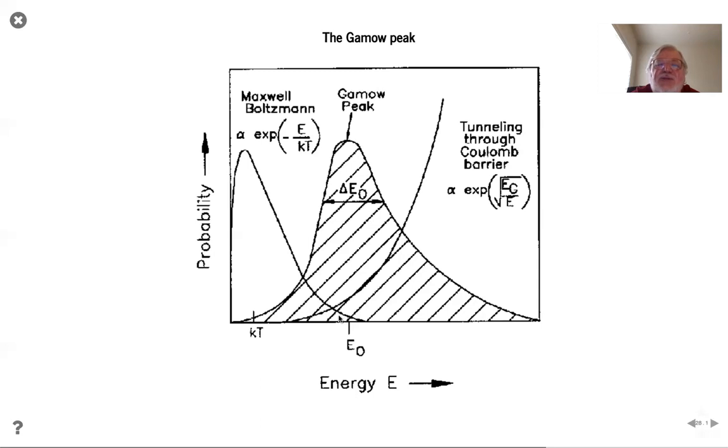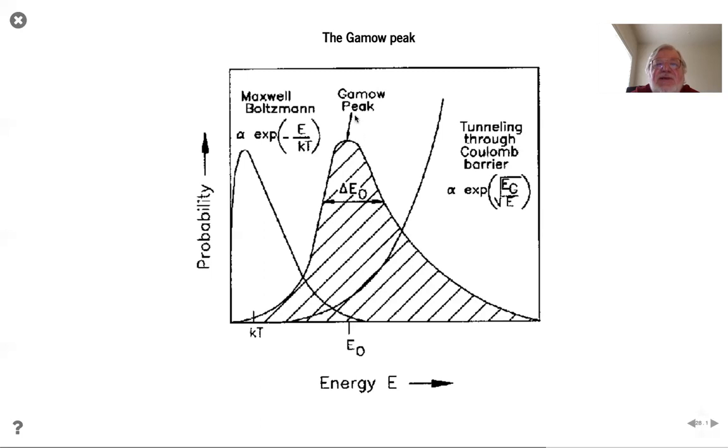The product of these two curves, the left one and the right one, is shown here by this peak at the center, which is called the Gamma peak. It shows the energy, called the Gamma energy, at which these two distributions, Maxwell-Boltzmann and the efficiency of tunneling, give you the maximum probability.